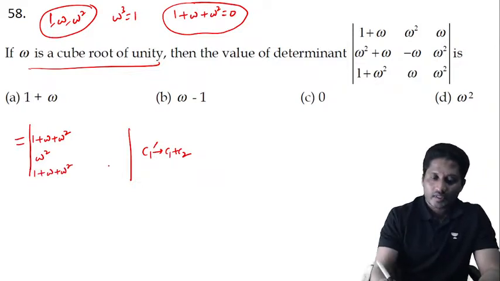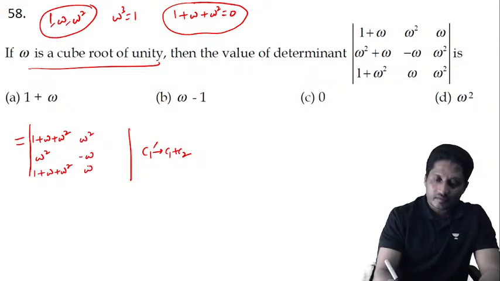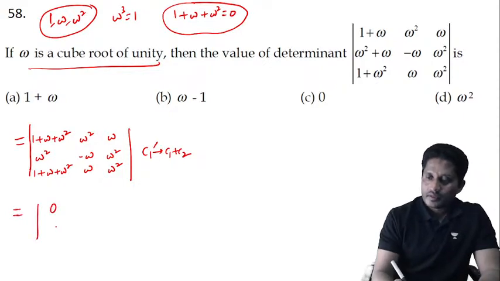Second column is omega square, minus omega and omega. Last column is omega square and omega square. 1 plus omega is minus omega square. Okay, this is omega square.